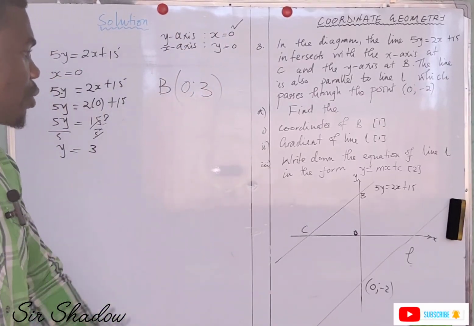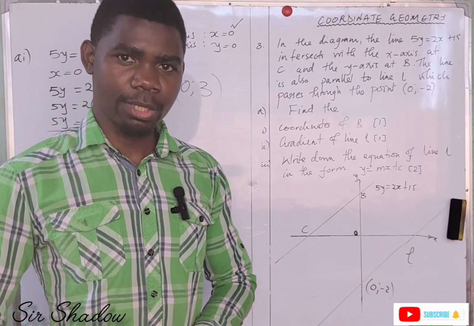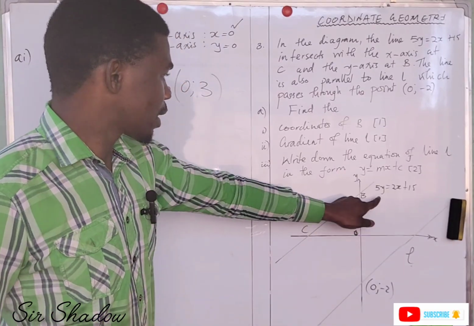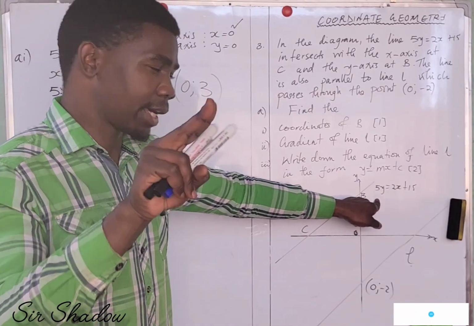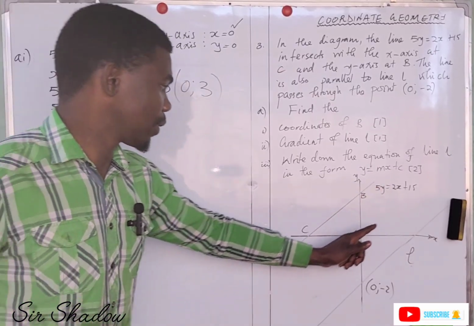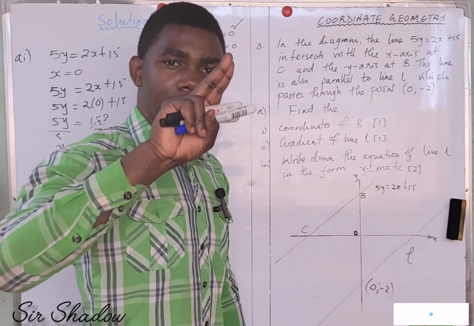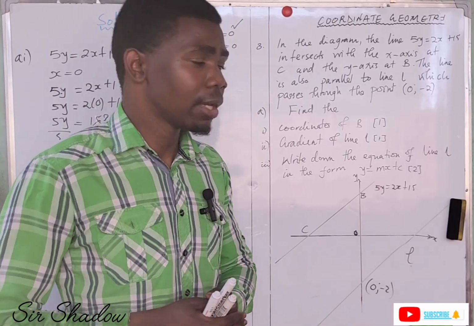So since you know that this line is parallel to that line, they have the same gradient. So basically what you have to do is write this equation and find its gradient. The gradient for this line is similar to the gradient of the other line, because these two lines are parallel to each other. Remember, parallel lines have the same gradient.